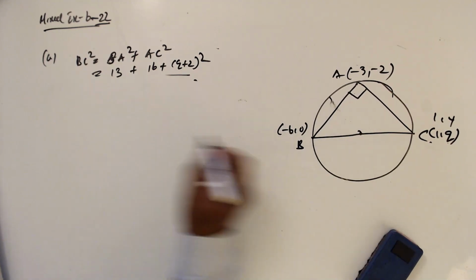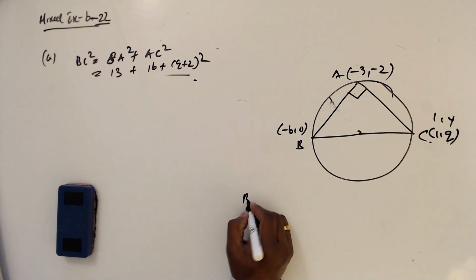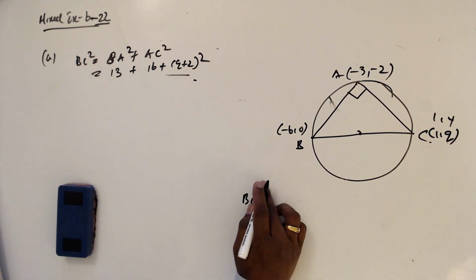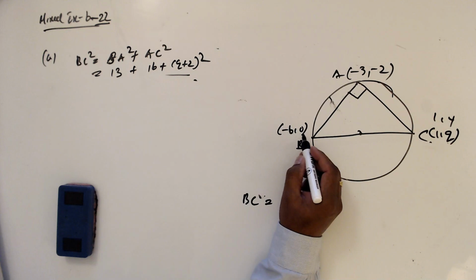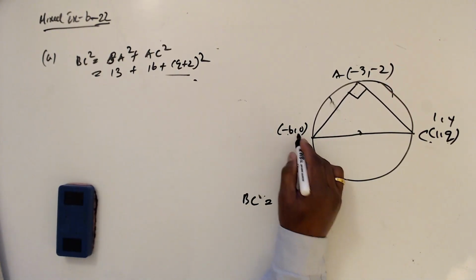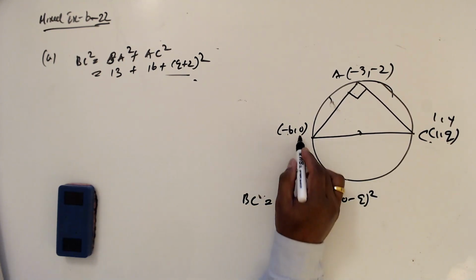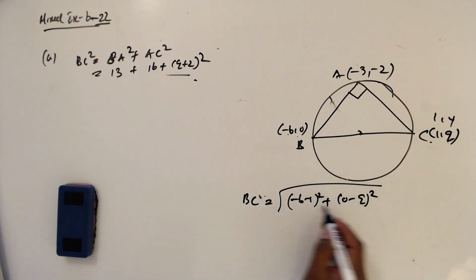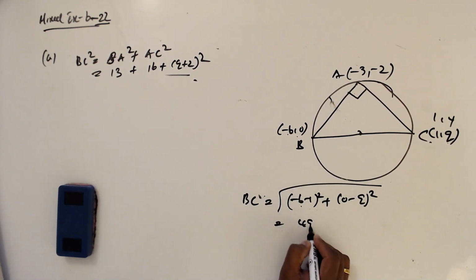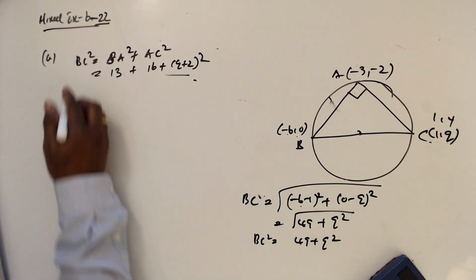Now I need BC. BC is x1 minus x2, (minus 6 minus 1) squared, plus (y1 minus y2) squared, under the square root. So this is 49 plus q squared. Then BC squared is 49 plus q squared. So I'll substitute here.